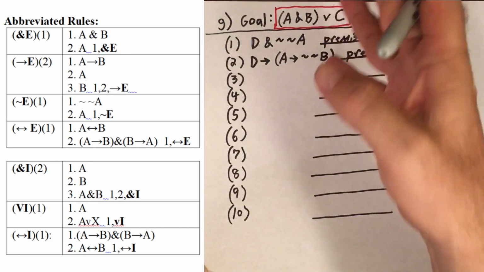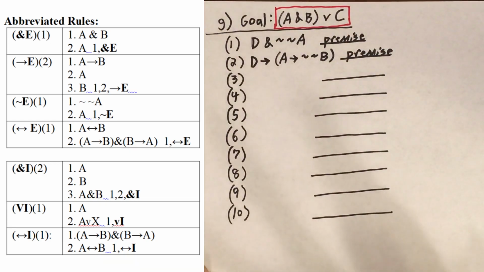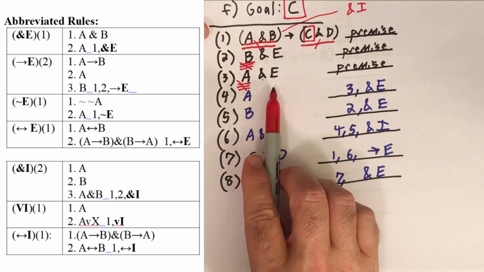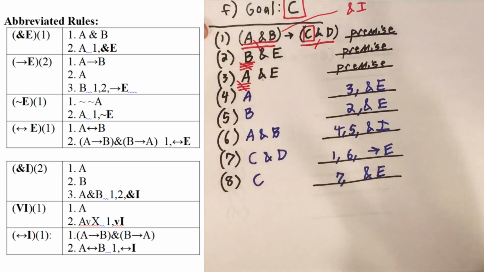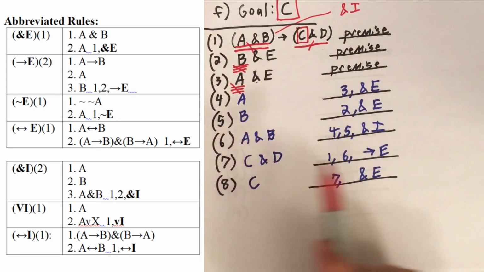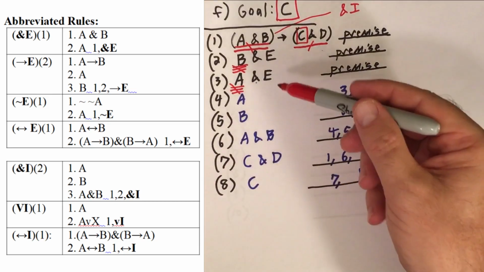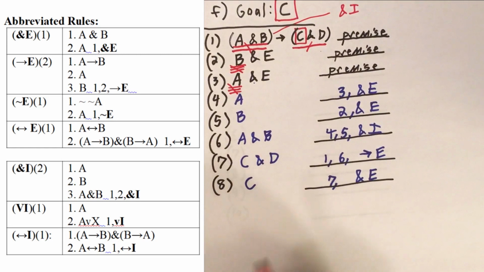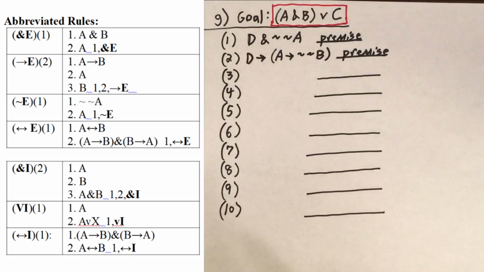But notice, you could do extra lines as long as they're legal. Maybe you took something out of an AND that you actually didn't need. That would be fine. For instance, if we look at our example F, notice, let me look at it again. I never needed E, but if you just took it out because you could, that would add an extra line to your proof. You actually never needed E anywhere. But as long as it's legal, it's okay to have extra lines. But be careful to only make legal moves.